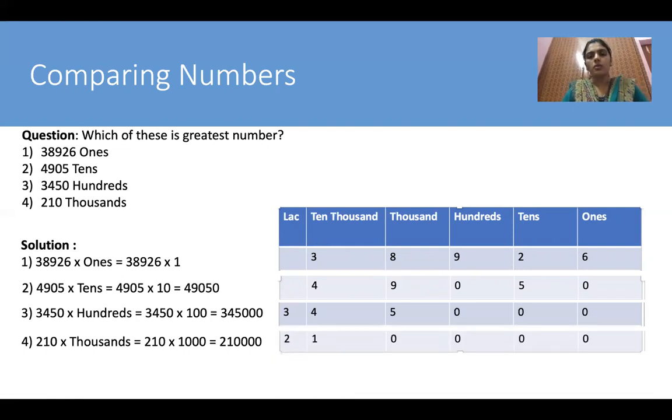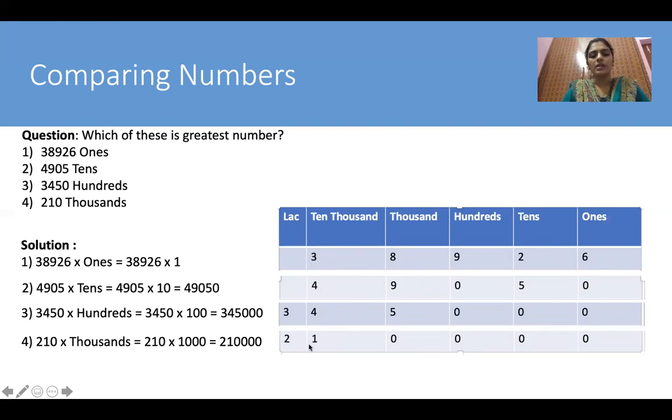In order to compare these numbers, first we have to count the digits. As these two numbers have 5 digits and these two numbers have 6 digits, of course the latter have greater value. So we can remove these two numbers as they have the fewest digits. Now we have to compare these two numbers.